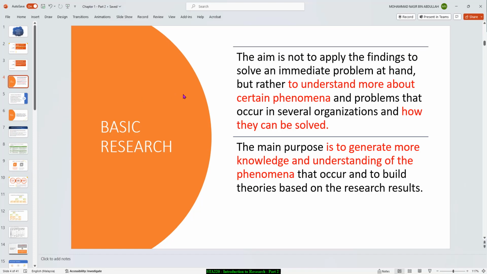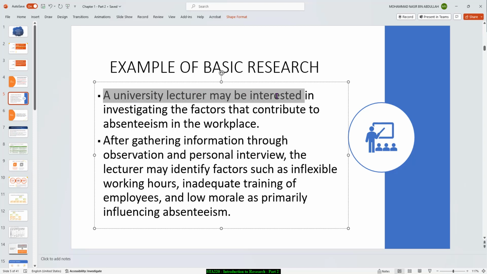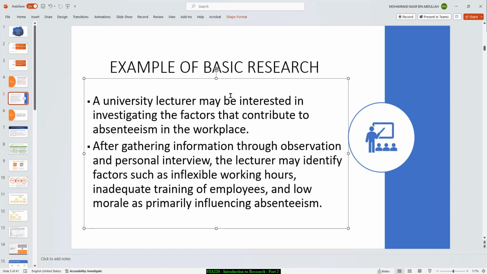That's all, right? So example of basic research, a university's lecturer may be interested in investigating the factor that contribute to the absenteeism in the workplace. So we want to know what is a factor that contribute to absenteeism in the workplace ataupun in a class. Kenapa student selalu absent?